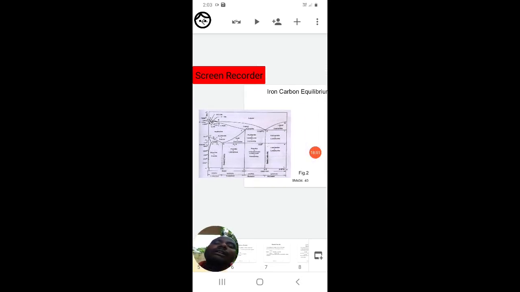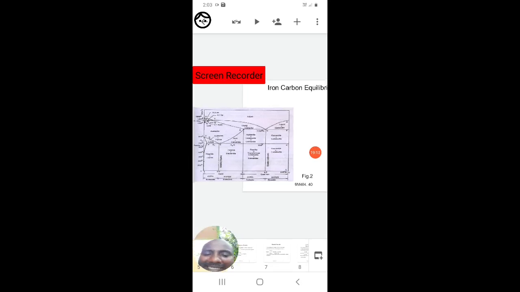That means one type of liquid gives rise, by heating or cooling, to two types of solid, solid 1 plus solid 2. So this type of chemical reaction is called a eutectic reaction.